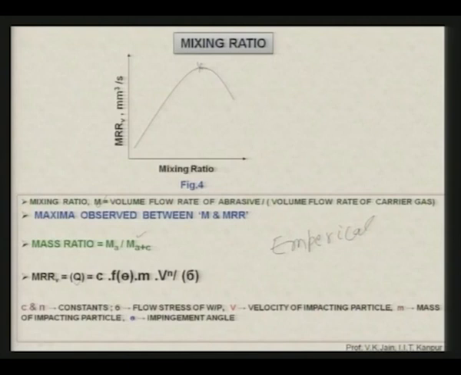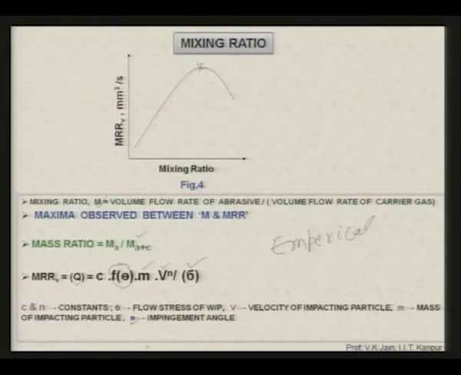Here C and n are the constants, sigma is the flow stress of the workpiece material, v is the velocity of the impacting or abrasive particle, m is the mass of the impacting particle, and theta is the impingement angle; it is not exactly theta, there is some function of theta which will affect the volumetric material removal rate.